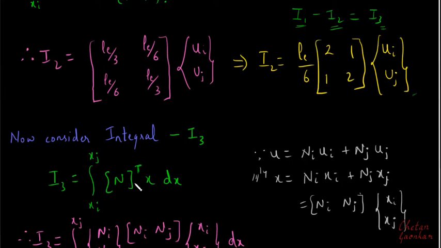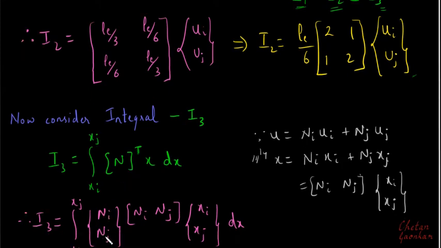So n transpose is nothing but ni nj. And then since we had this as our displacement model, similarly for x I can write the equation as this. Only thing is, in place of u I need to replace them by x, that is by coordinates, and then I will get this as ni nj times xi xj.